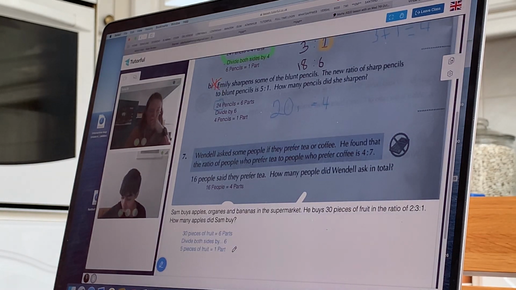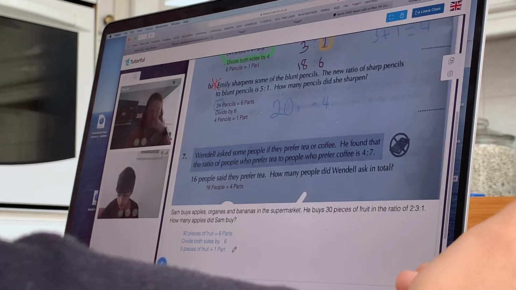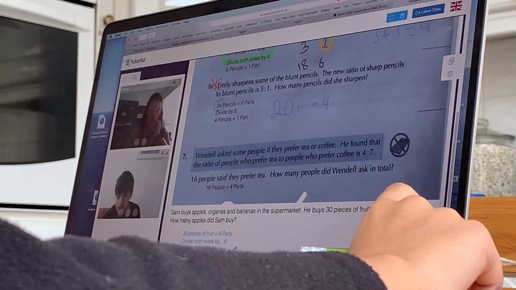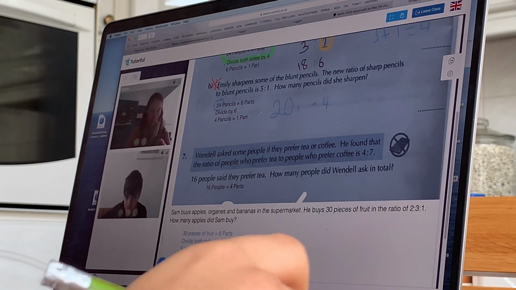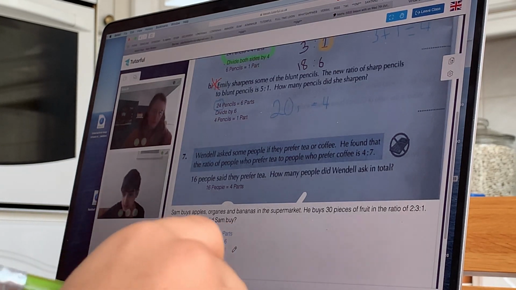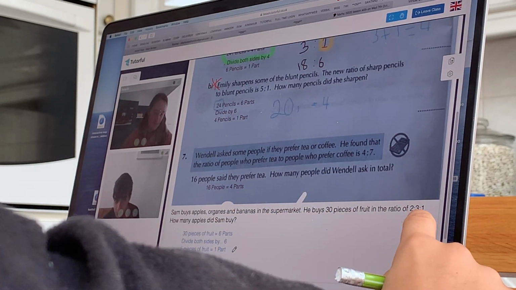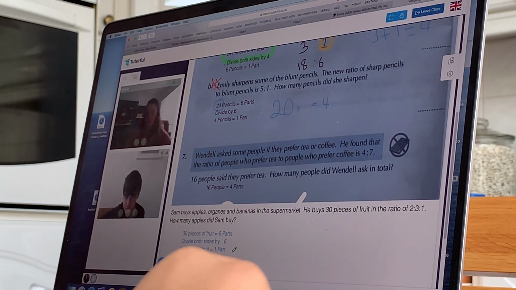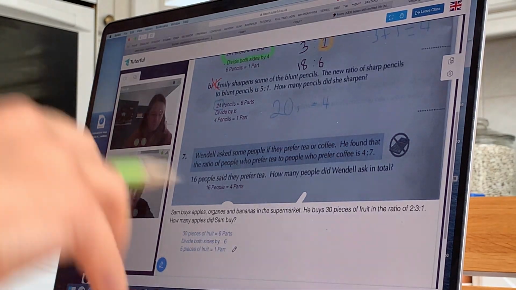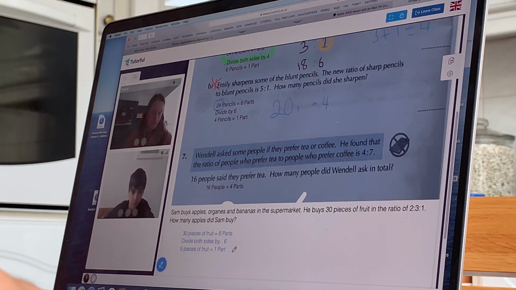So if 5 parts is the oranges and the apples, and we only want the apples, we'll have to find a way to just get the apples. So it has to be less than 5. Okay, less than 5.